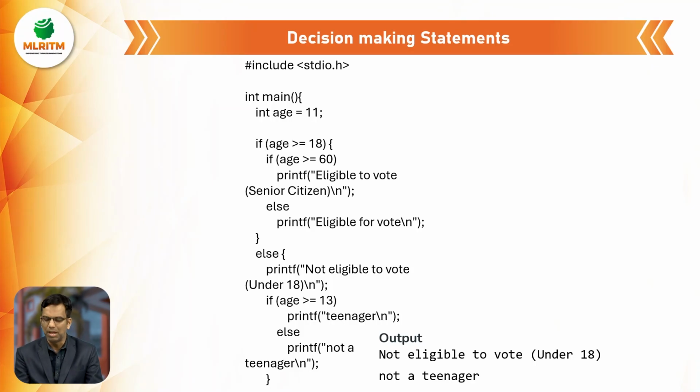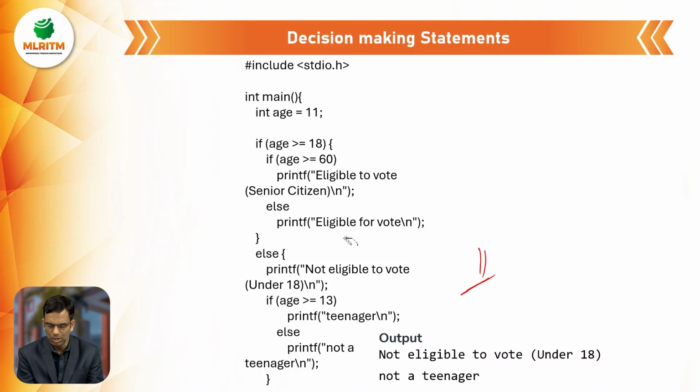Now for example, you have entered an age of 11. In that situation, the flow of control will go down and it will check the statement that is "not eligible for vote".